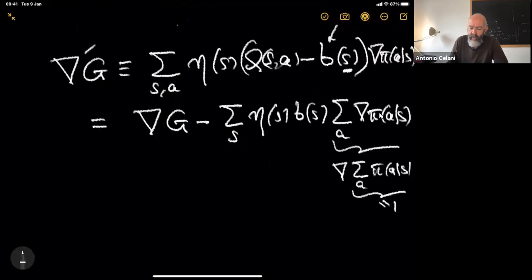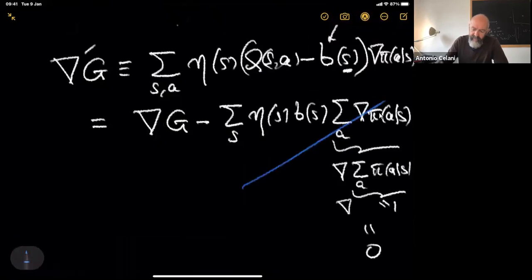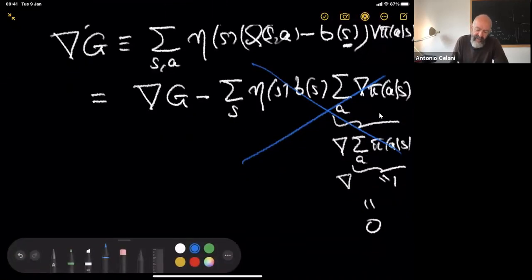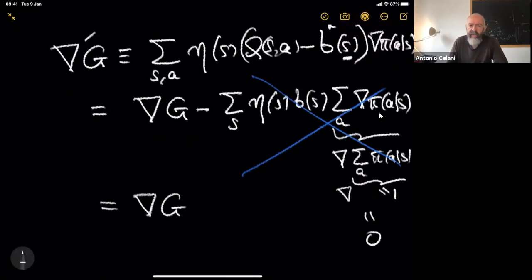And the gradient of 1 is 0. So all this part here, which was depending on the baseline, vanishes. So as a result, the gradient that I defined with the baseline is exactly the same as the gradient.